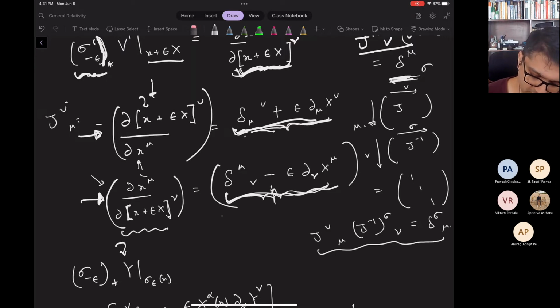But we'll see that the product of these two will indeed satisfy this relationship. If I take the product between these two, I have to be careful to use different indices on the inverse Jacobian and the Jacobian because I'm not summing over the mu and sigma indices. So let me replace the mu by sigma.